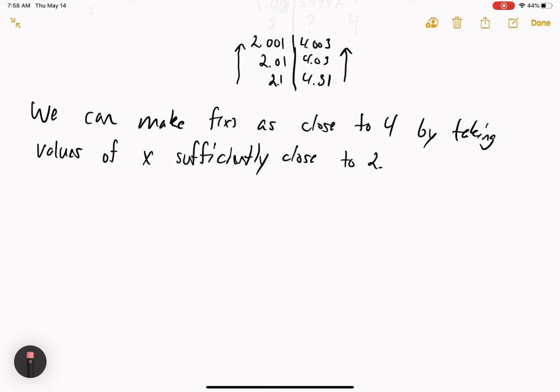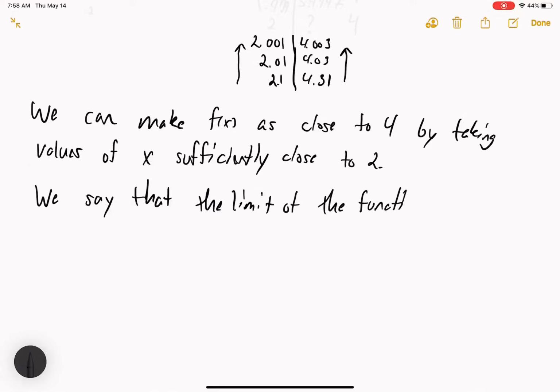The way we would say it with words is that the limit of the function f of x as x approaches 2 is 4.